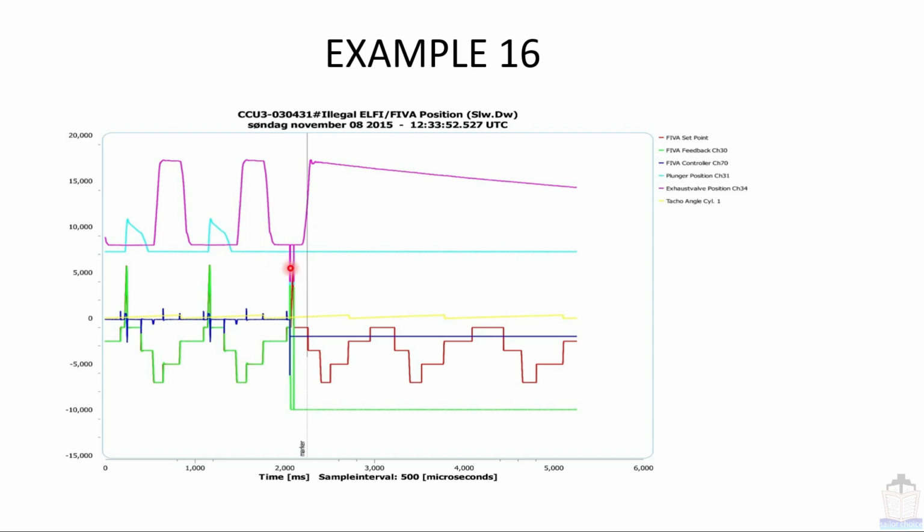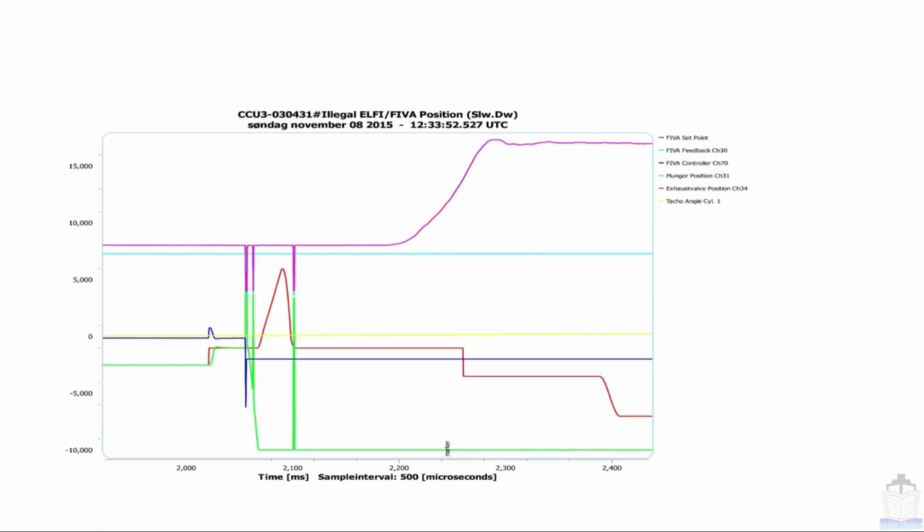And at the same point the problem is with channel number 30 and channel number 70. So we'll zoom this graph for better understanding. So here I have zoomed. You can see at this point channel number 34 is giving an erratic signal, which is not physically possible.